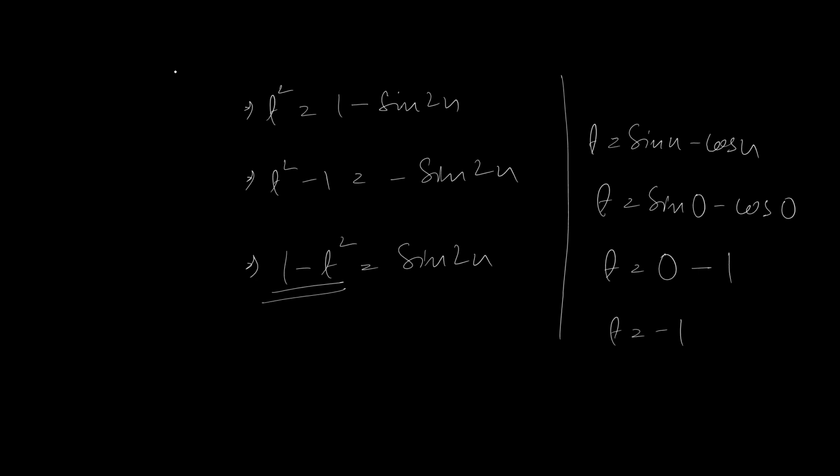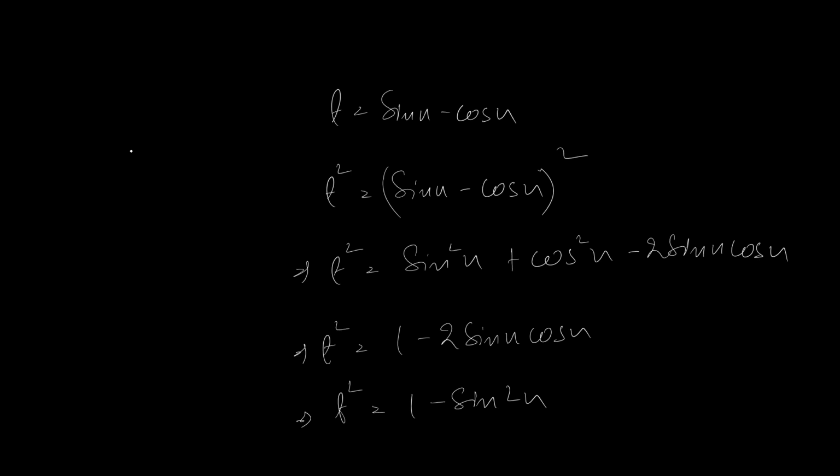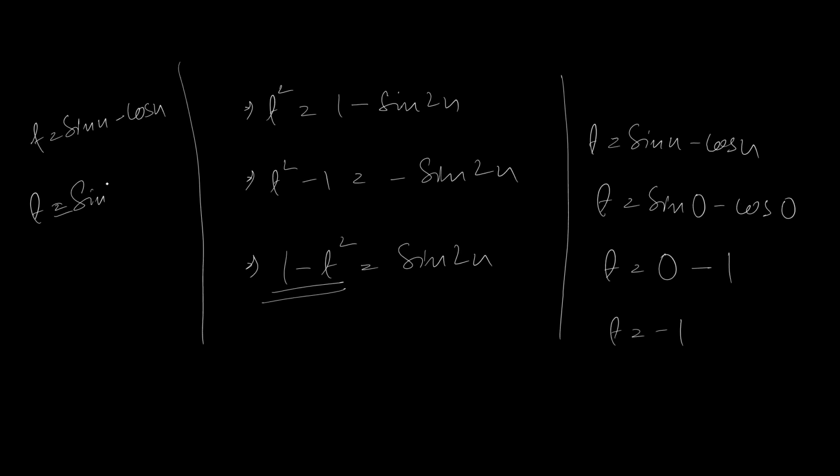Next, again t is equal to sin x minus cos x. The upper limit is pi by 4, so t is equal to sin pi by 4 minus cos pi by 4, which is 1 by root 2 minus 1 by root 2.